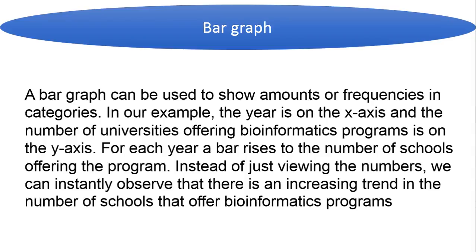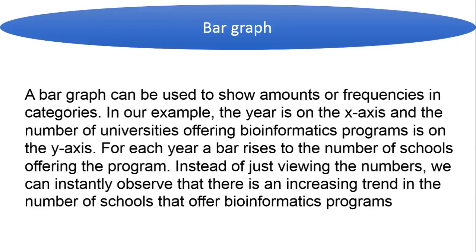In our example, the year will be on the x-axis, and the number of universities offering bioinformatics programs will be on the y-axis. For each year, a bar rises to the number of schools offering the programs. Instead of just viewing the numbers, we can instantly observe that there is an increasing trend in the number of schools that offer bioinformatics programs.